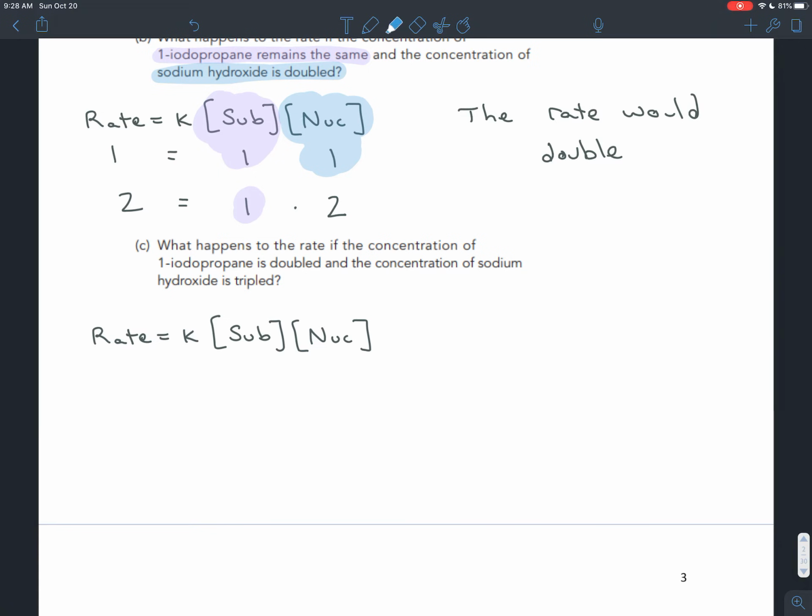This last one says, what happens to the rate if the concentration of 1-iodopropane, that is our substrate, is doubled? Let's just color code these quickly again. Our nucleophile will be in blue, and our substrate will be in purple. If it starts out, we're always comparing to a case where everything is 1. If the substrate doubles, then that becomes 2.